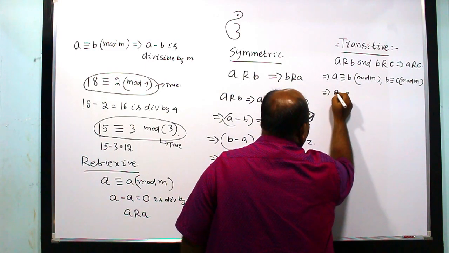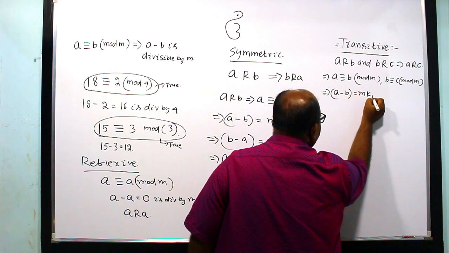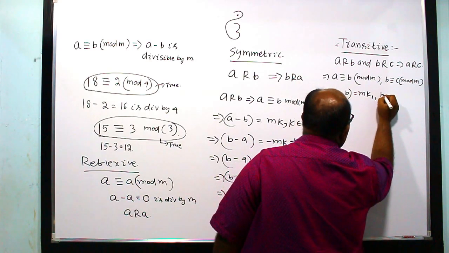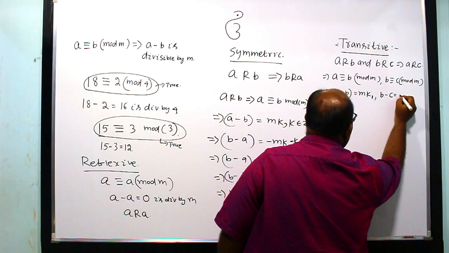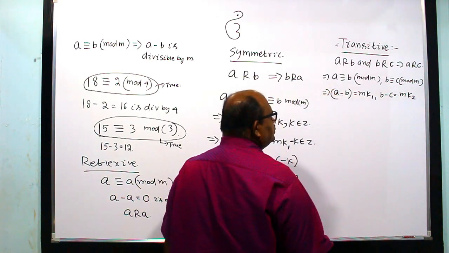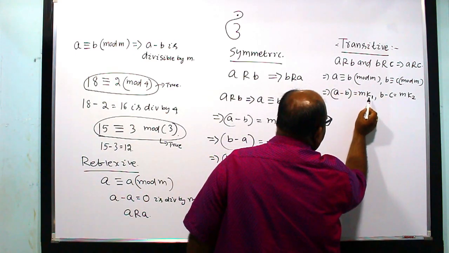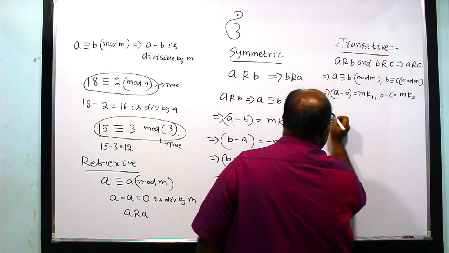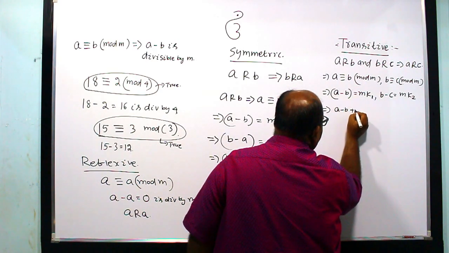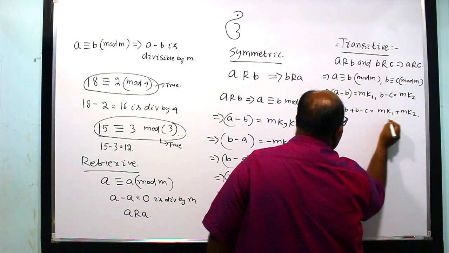Now A congruent to B mod M, we write A minus B is divisible by M, meaning A minus B is equal to MK1 where K1 is an integer. Similarly B congruent to C mod M, we write B minus C is equal to MK2 where K2 is also an integer. Adding both, A minus B plus B minus C is equal to MK1 plus MK2.